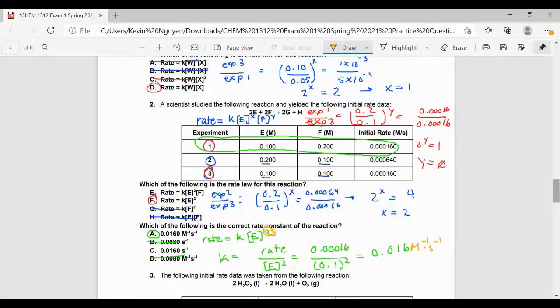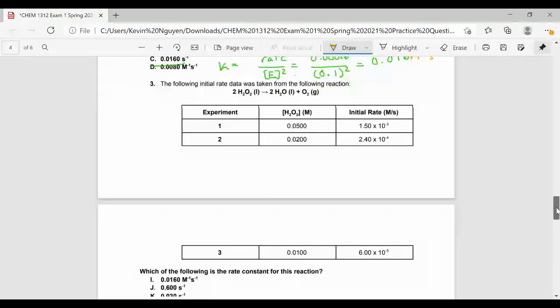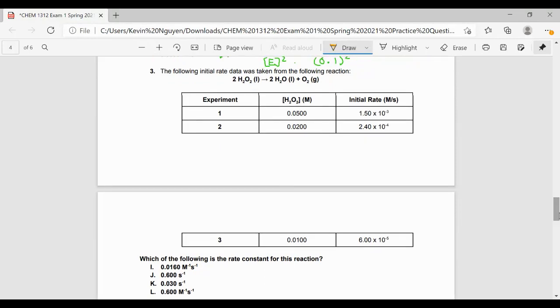I can move on to 3. Last question. All right. So one more data table. The initial rate data was taken from the following reaction. So it looks like we have a reaction with actual chemicals this time, not just letters.